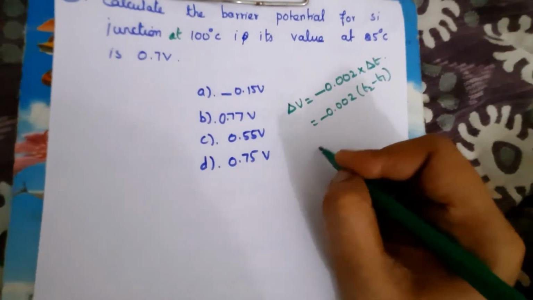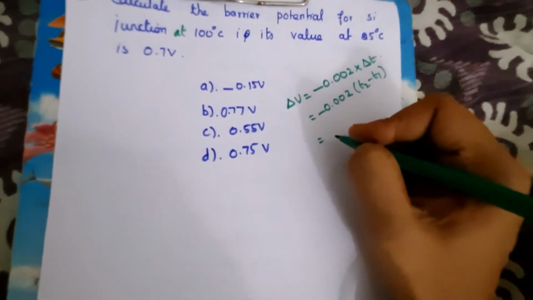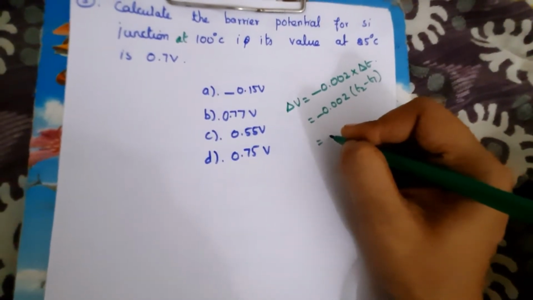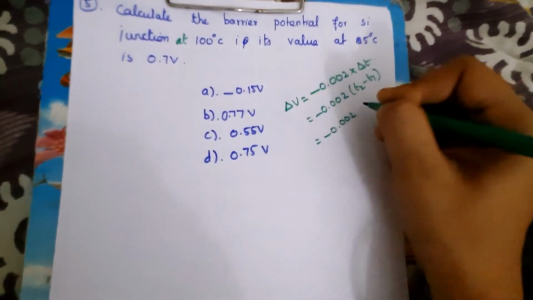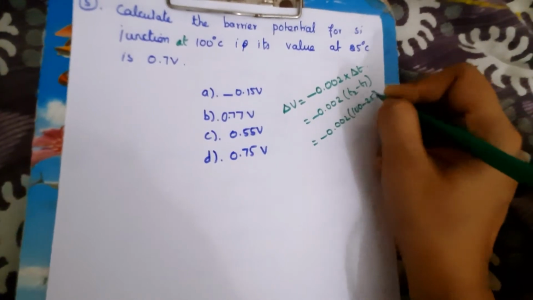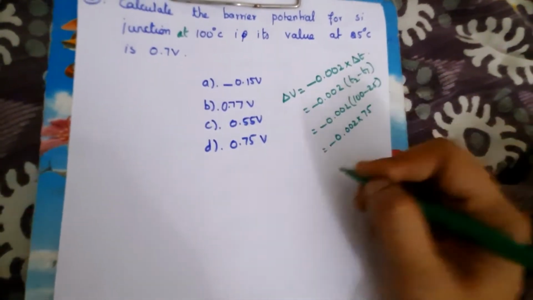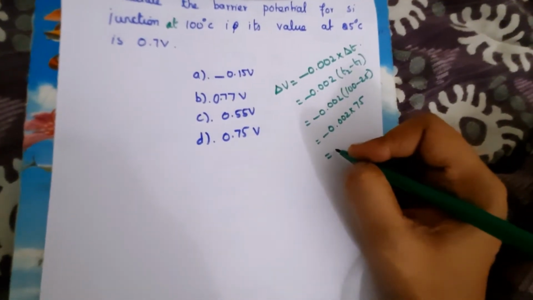Now T2 is 100, T1 is 25. So we have 100 minus 25, so we will get 75.